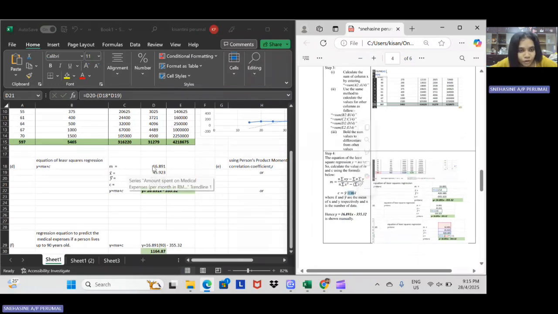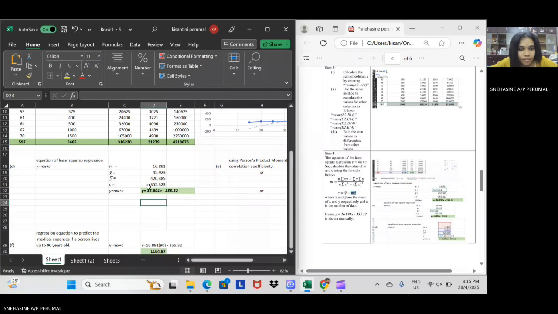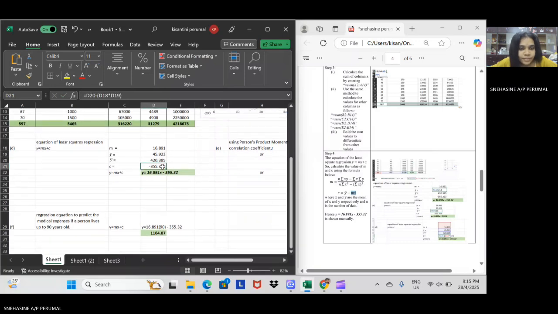The m above you got, right, 16.891 times the x. So you get 451.923. So by using this formula, you will get this answer. You get the C answer.